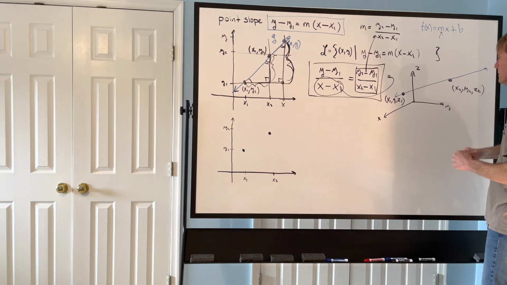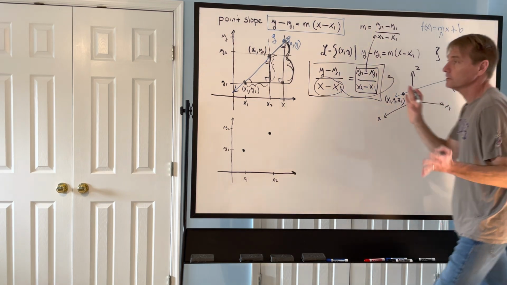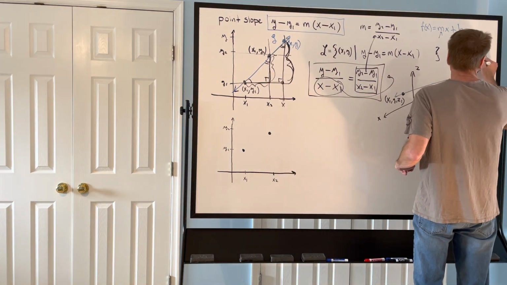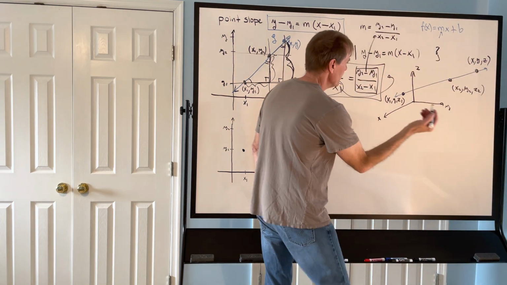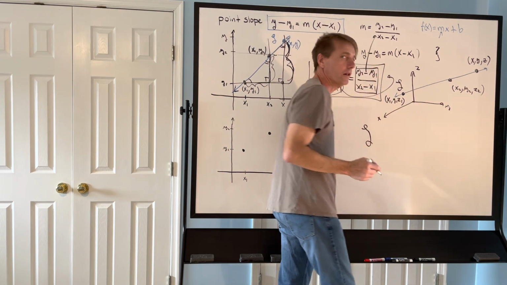And again, if we take any other point on the line, now suddenly we've jumped up a dimension. This is going to have 3 coordinates. And then the question is, what's L equal to? What's this L equal to?